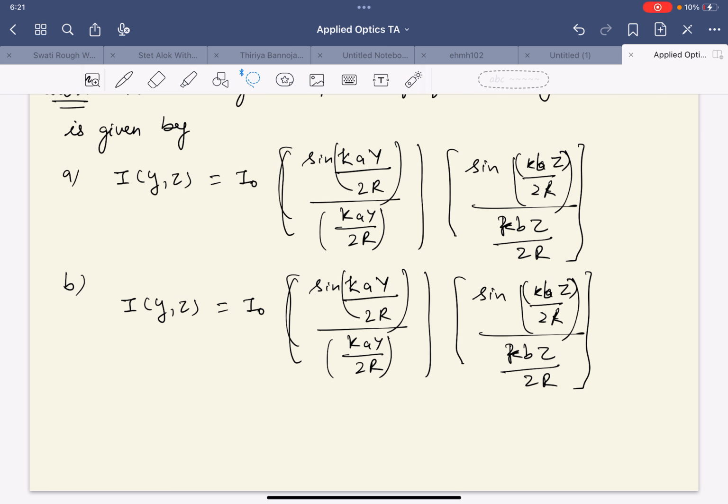Similar option, given that here both the terms are cos.